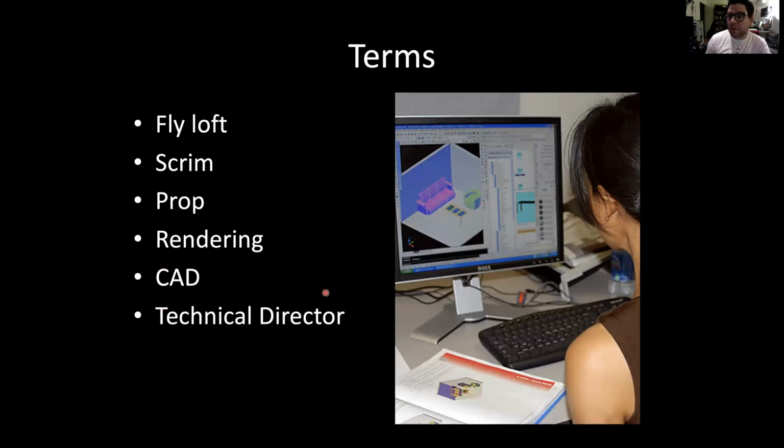The technical director, also known as the TD, is responsible for the installation, construction, and scheduling of all of the design elements.